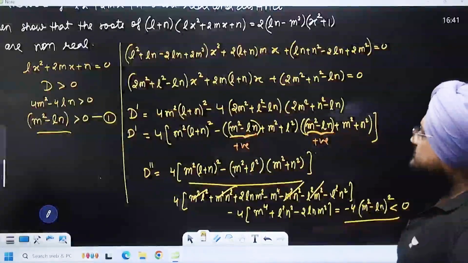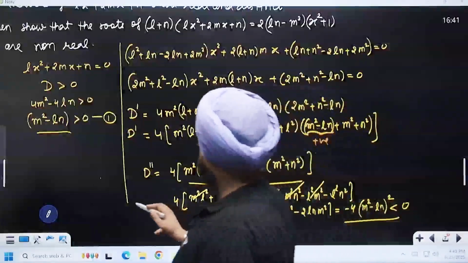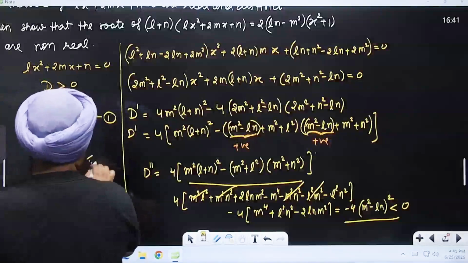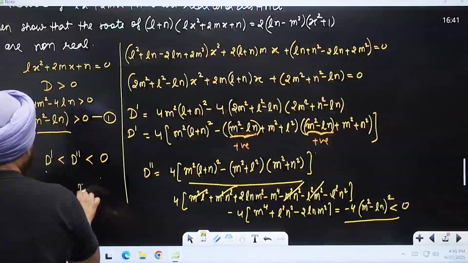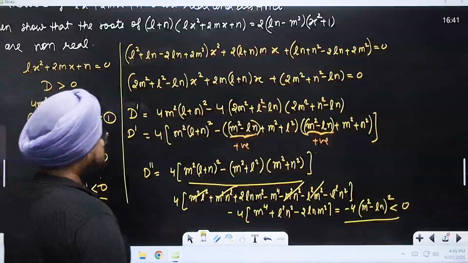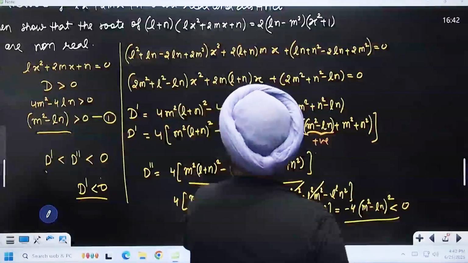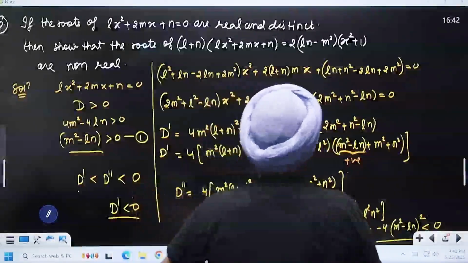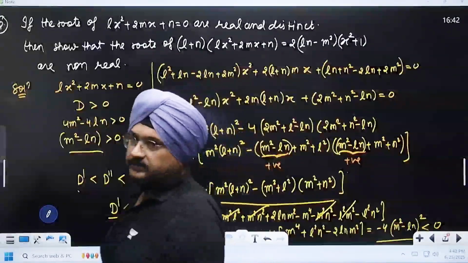This is less than 0. So d dash is less than d double dash, and d double dash is less than 0. So the discriminant of the second equation is less than 0. So we can say that the roots of this equation are non-real.